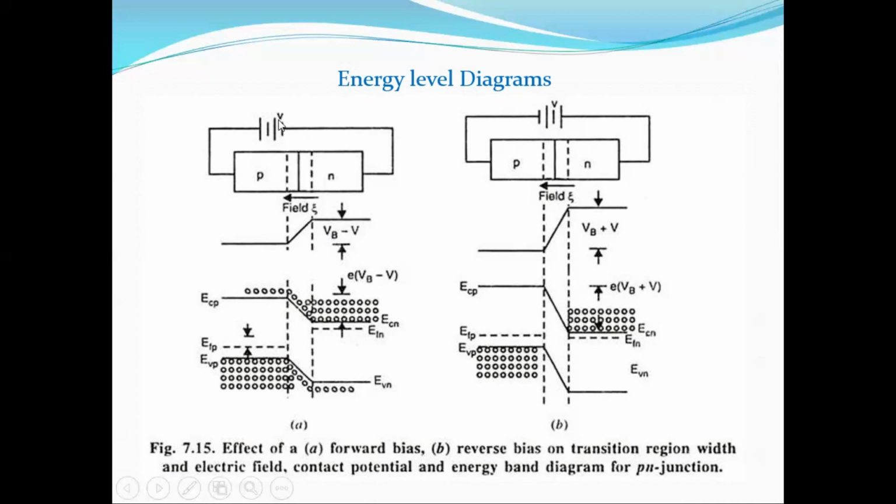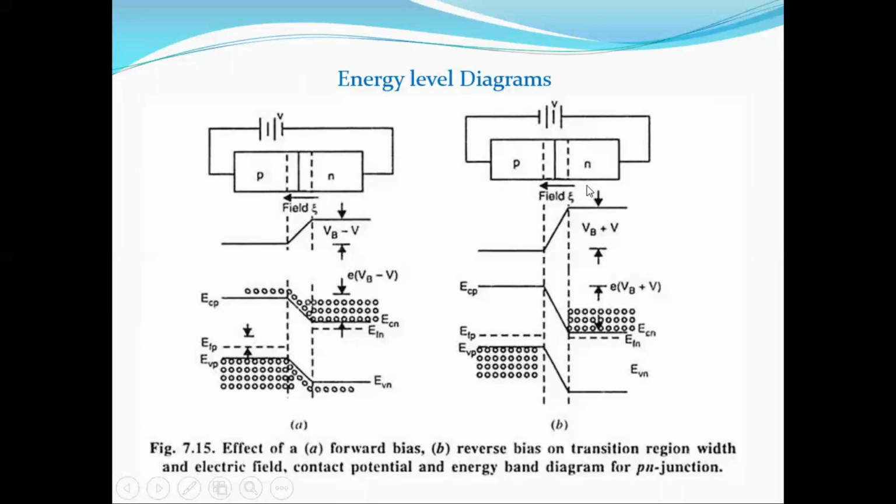The applied voltage is given by V. Since it is in forward bias, the net voltage here will be equal to VB minus V, because the barrier voltage is in this direction, that is from N to P, while the applied voltage is in the opposite direction. Since these two voltages are in opposite directions, the barrier potential decreases. So the barrier potential is now given by VB minus V.